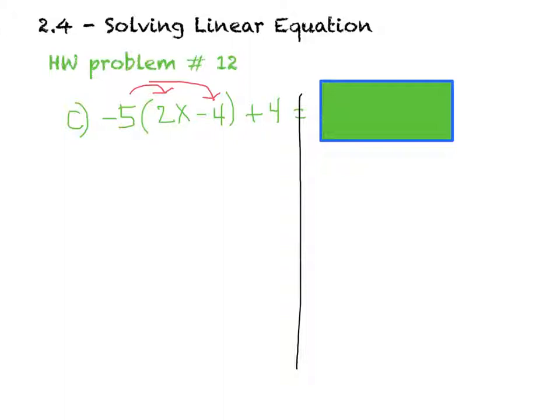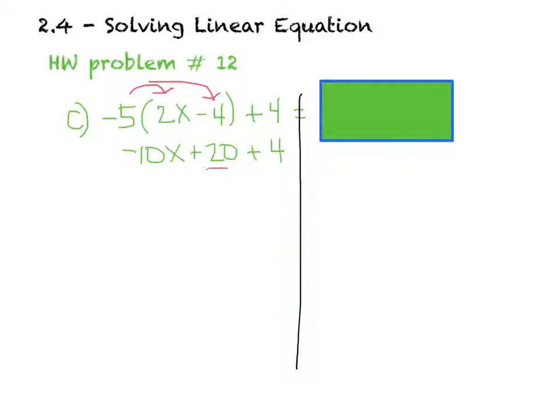Negative 5 times 2x is negative 10x. Negative 5 times negative 4 is positive 20. And then we just drop down this plus 4 on the right-hand side of this particular problem. So we're not done. A lot of people would like to go on and start moving things to the other side of the equal sign, but we are not done.